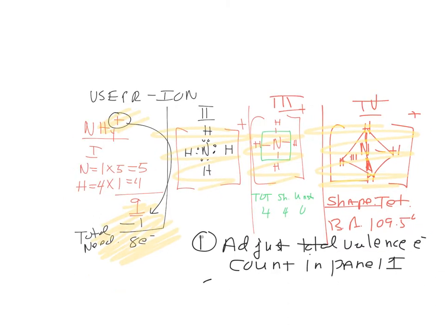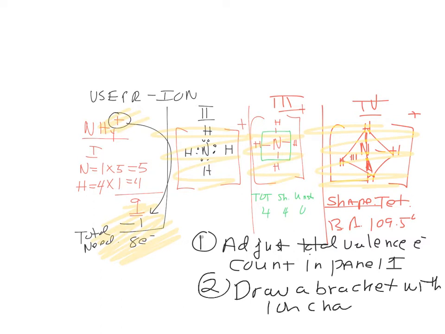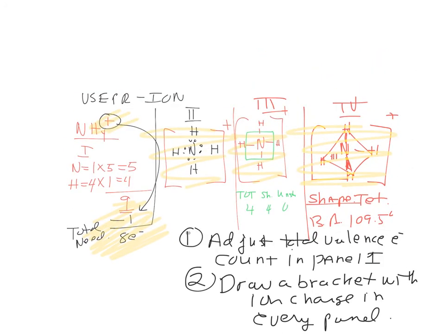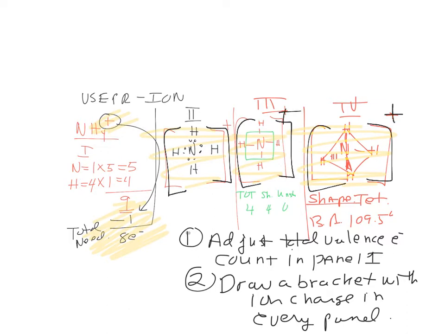And number 2, draw a bracket, not parentheses, but a bracket with the ion charge in every panel. Now notice that it's not just the last panel, but we drew these brackets at every single panel with the charge. And that is how you draw an ion.